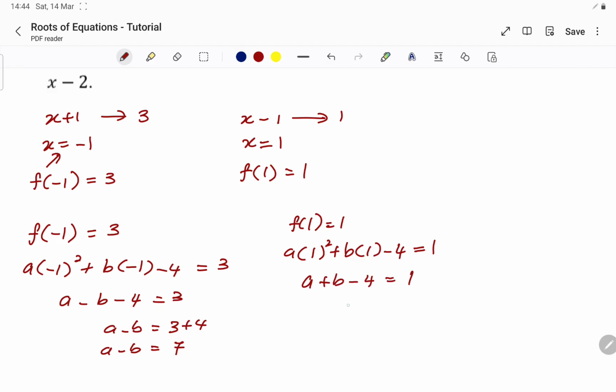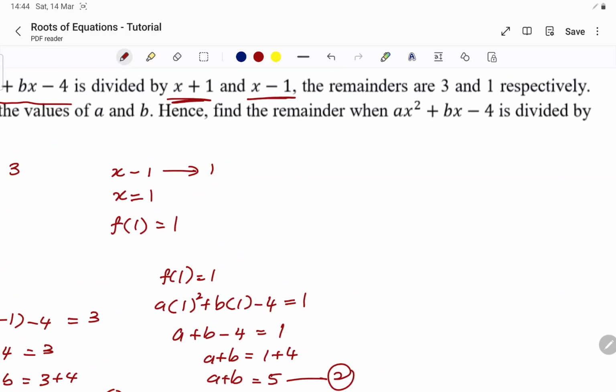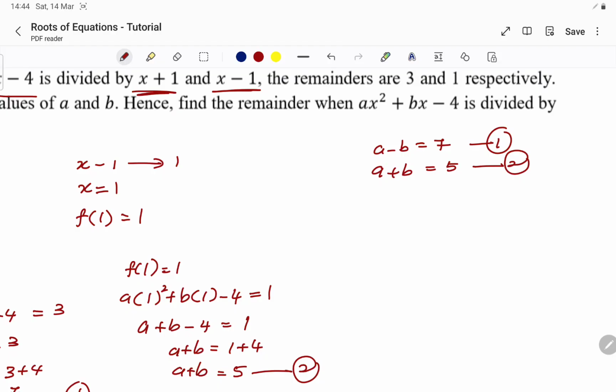You move negative 4 to that side, a plus b equal to 1 plus 4, so a plus b equal to 5. So here you have two equations: a minus b equal to 7, and another one, a plus b equal to 5. So now we're going to solve simultaneously.